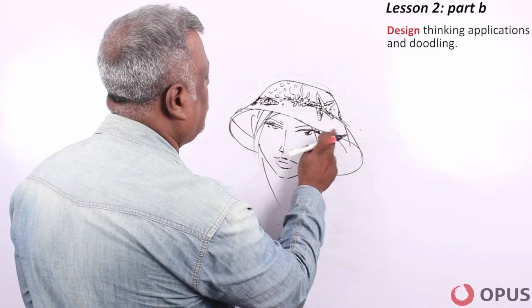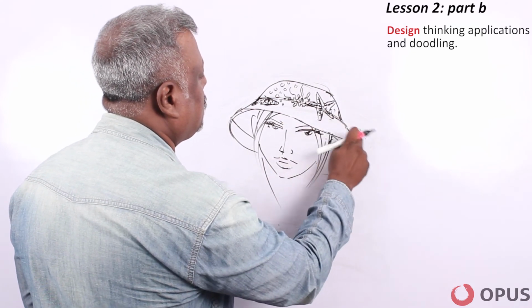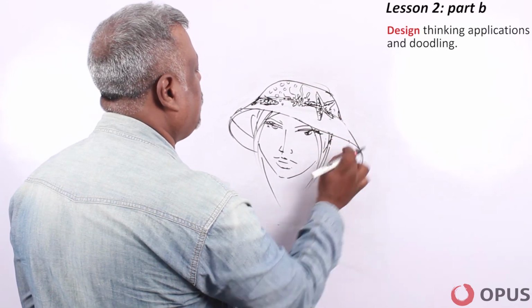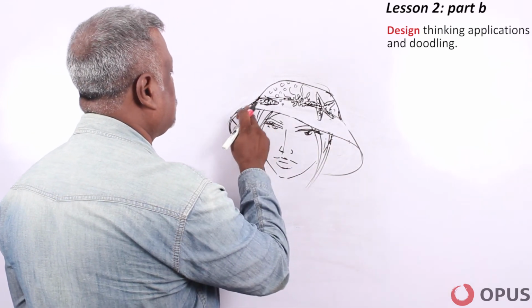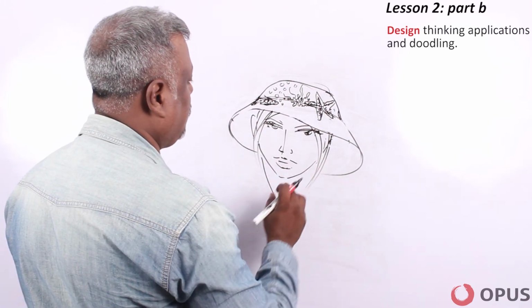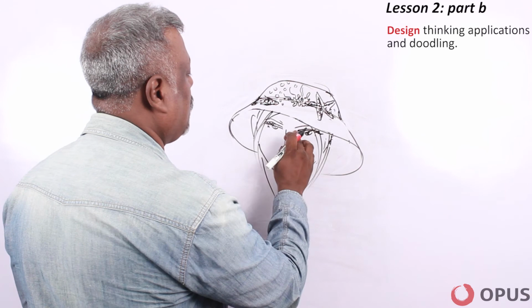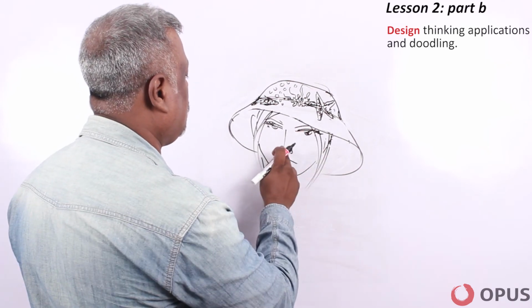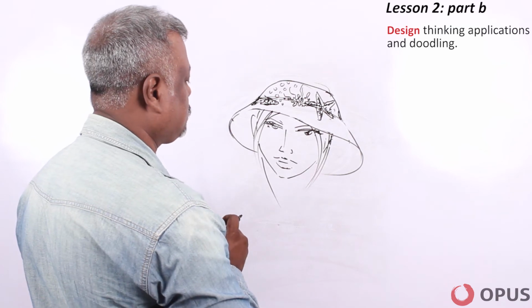Okay. So let me correct this properly. Let me correct it out. Let's see how we can finish our sketch. So you have to erase a few things, right? And see how you can erase unwanted lines.